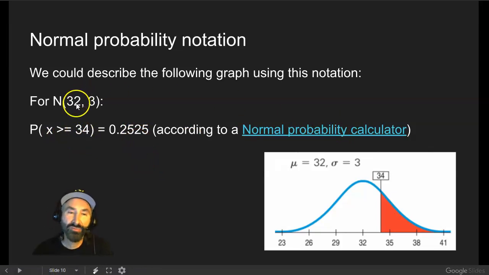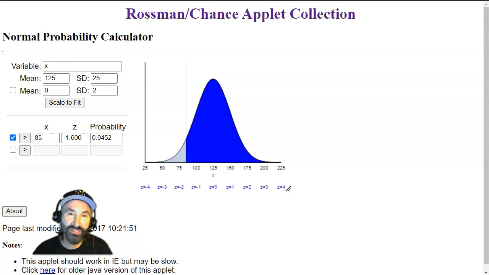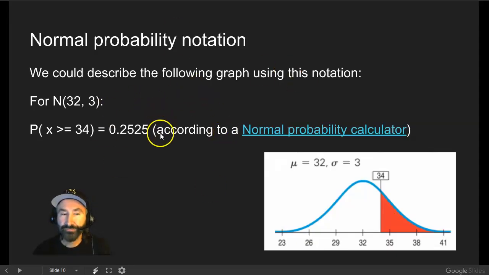You throw in the mean of 32, standard deviation of 3, you throw in the x. By the way, you'll notice in the normal probability calculator, there is no or equal to because it's unnecessary. Anyways, if you went to go and calculate greater than 34, the percent that you get would be the same as greater than or equal to 34.